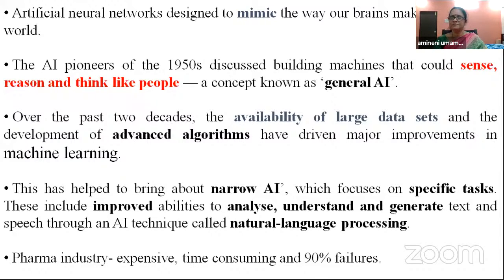In day-to-day life, artificial intelligence is part and parcel of life, like our smartphones. We can open a smartphone by recognizing our face, our thumb, or our voice. All these things are possible with artificial intelligence. Like that, it has entered into our lives.